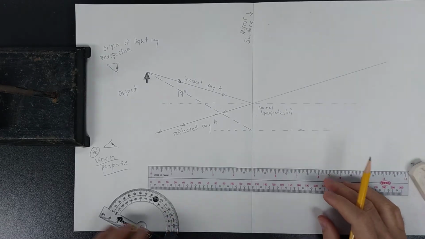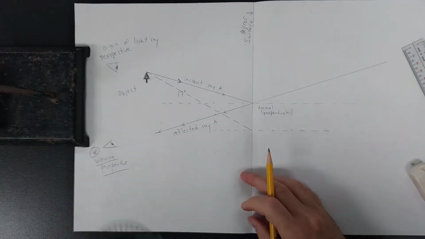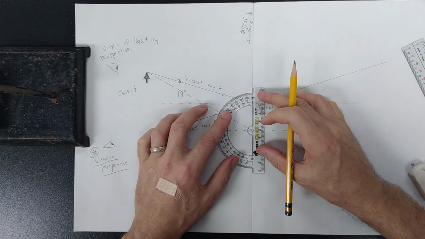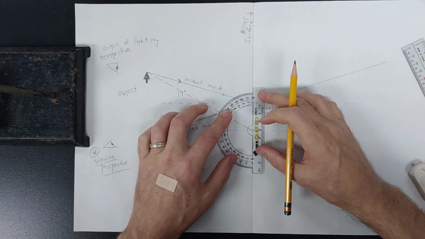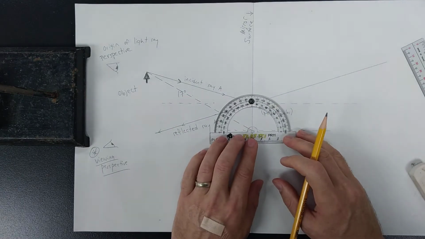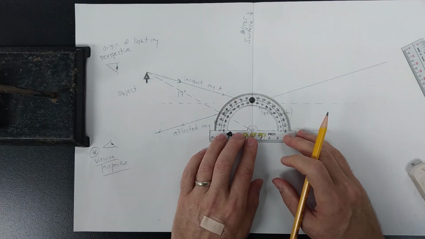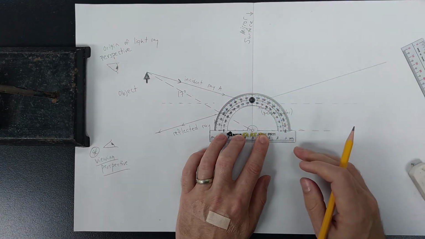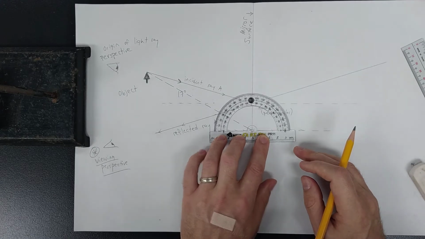All right, there is our 90-degree normal line. And then what we need to do is use this normal line to figure out what the angle of that incident ray is. It looks like it's pretty much right at 30 degrees, just a tiny bit less than 30 degrees. So 29 is what we'll call it.